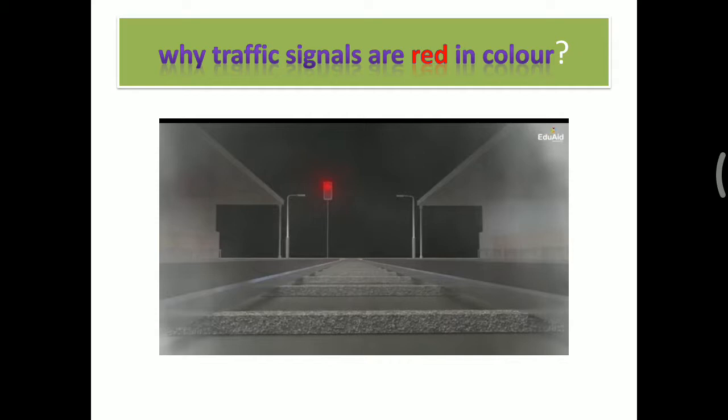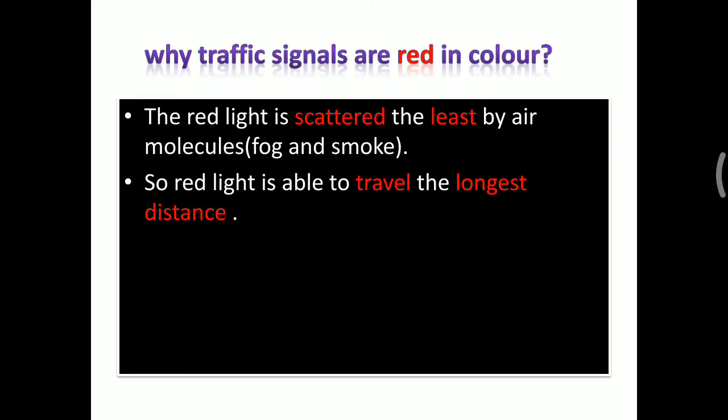The next one: why are traffic signals red in color? The red light is scattered the least by air molecules. So red light is able to travel the longest distance. You know that the atmosphere consists of fine particles.